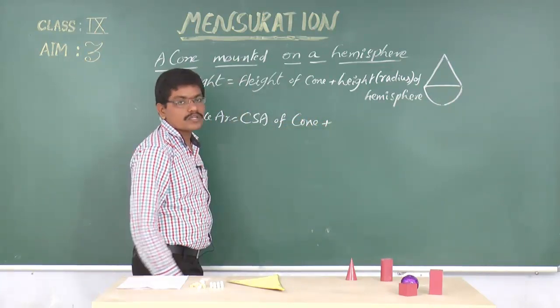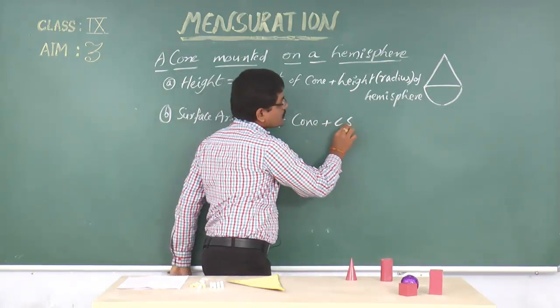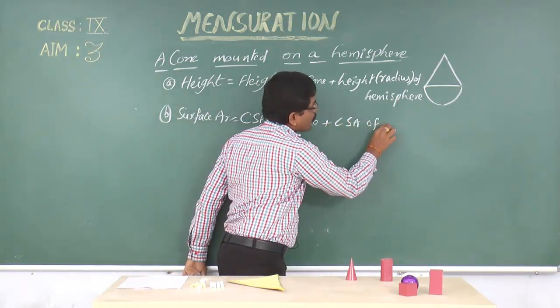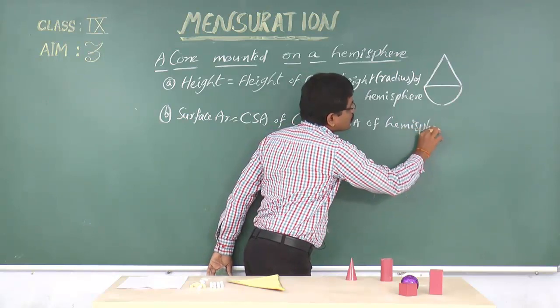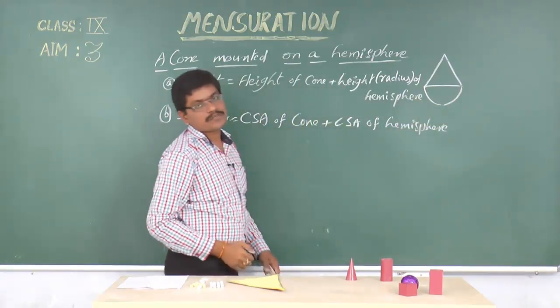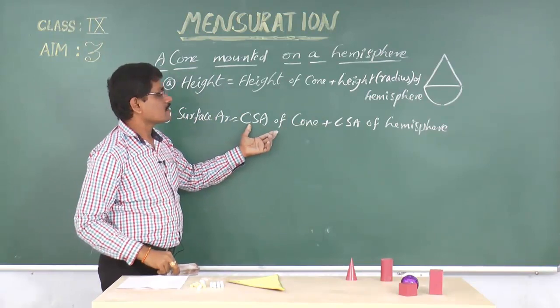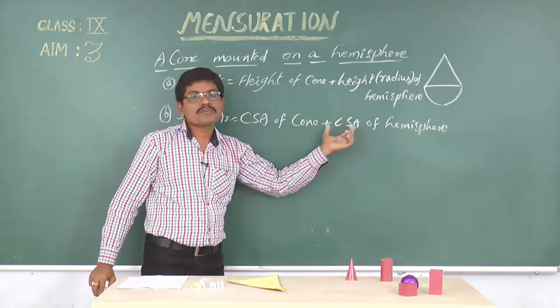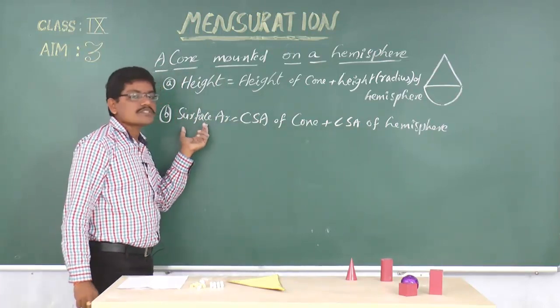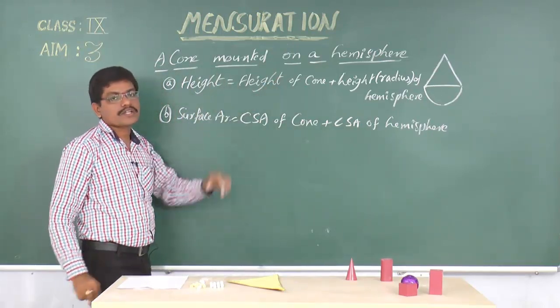If you add these two, CSA of cone and CSA of hemisphere, we will get the total surface area of that solid.